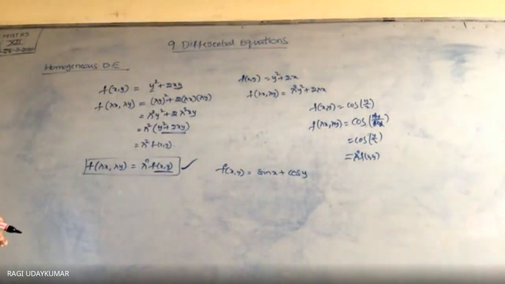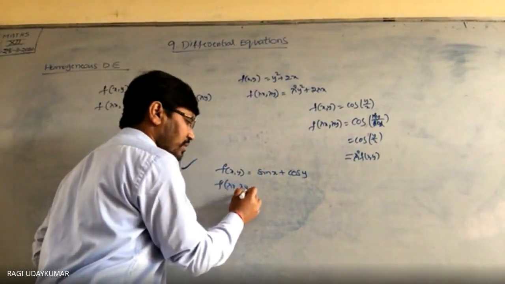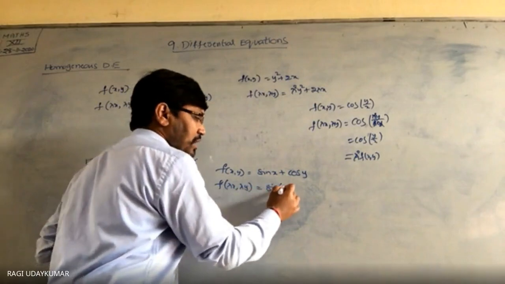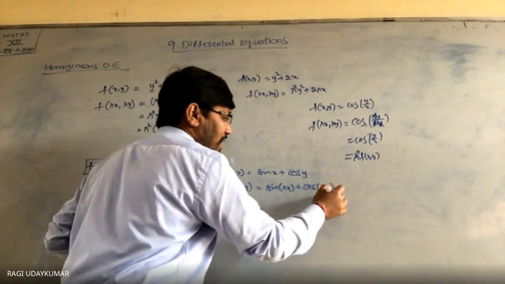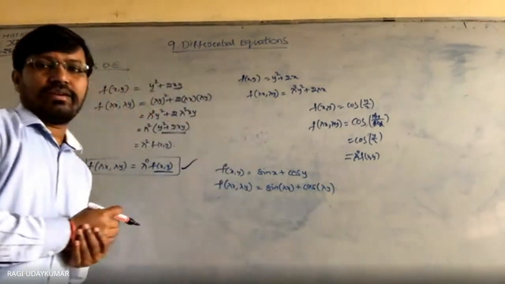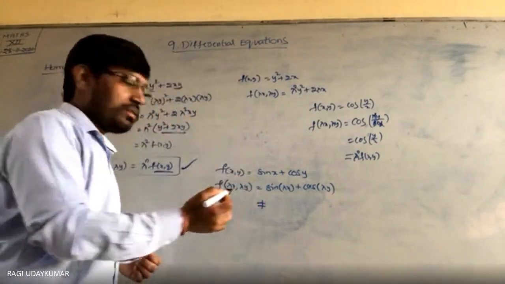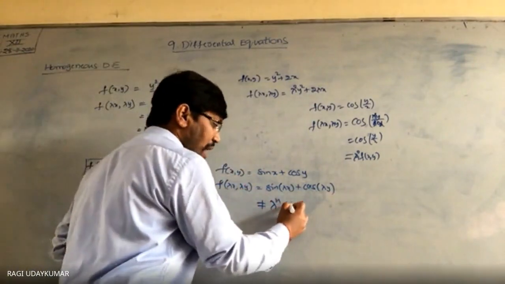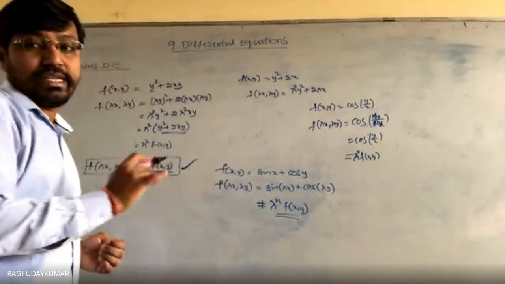In this case, if you substitute lambda, what do you get? Sin of lambda x plus cos of lambda y. So lambda cannot be taken common here. So this cannot be expressed as lambda to the power of n into f of x comma y. So it is not homogeneous.